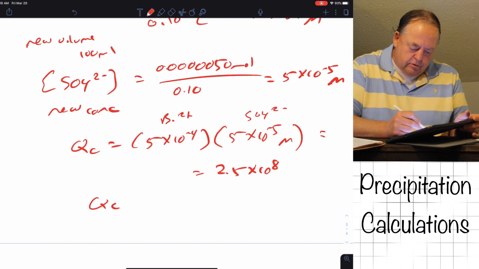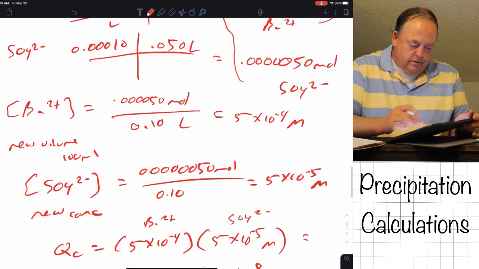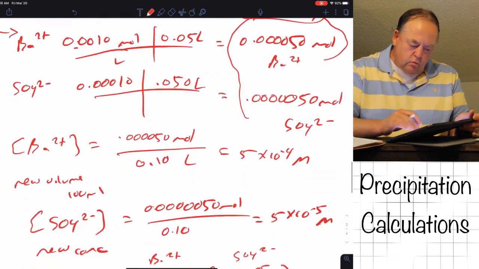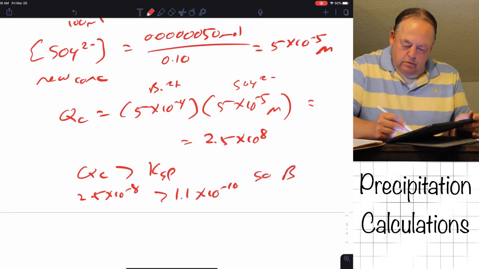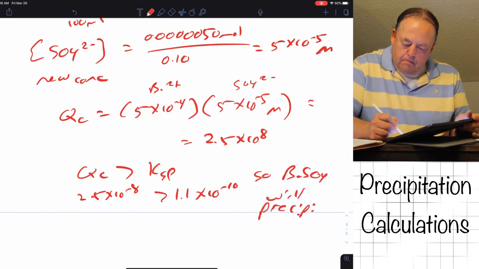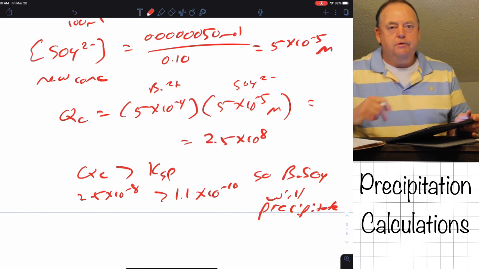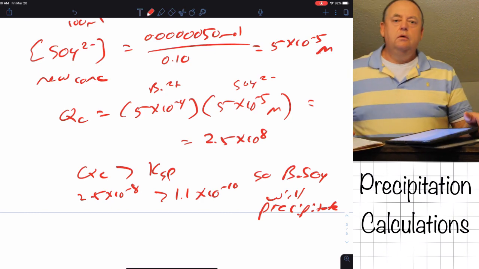So in this case, QC, 2.5 times 10 to the minus 8, is greater than KSP, which we said was 1.1 times 10 to the minus 10. So BaSO4 will precipitate. Okay.